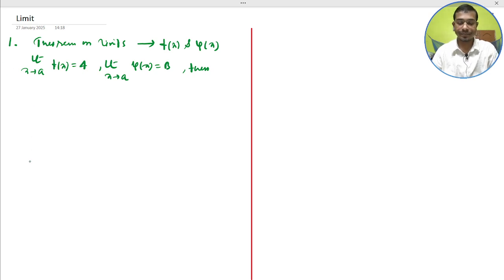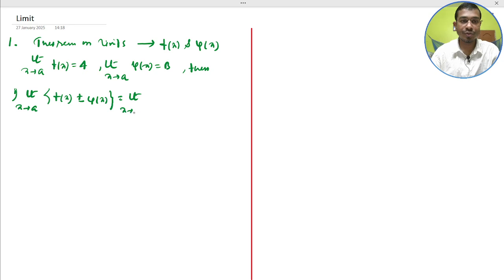First, the limit x tends to a of f(x) plus minus phi(x) can be written as limit x tends to a f(x) plus minus limit x tends to a phi(x), that is equal to a plus minus b.